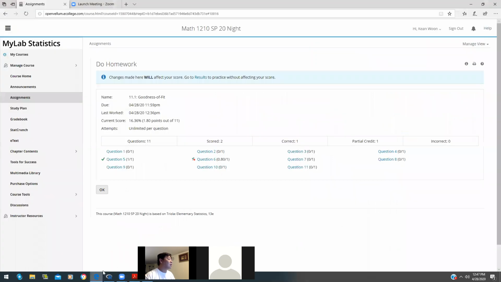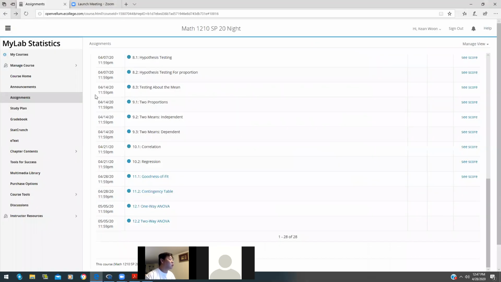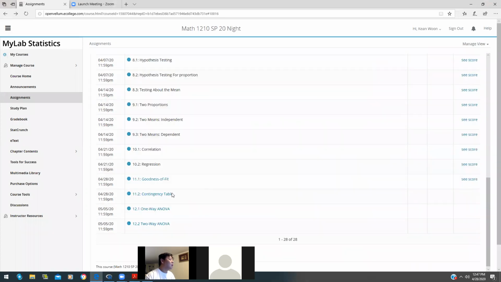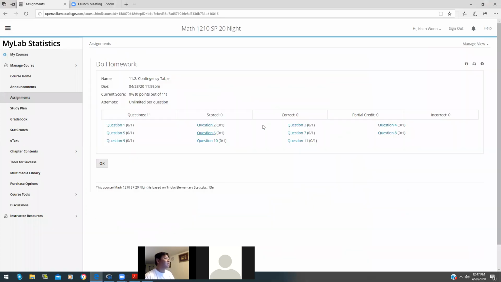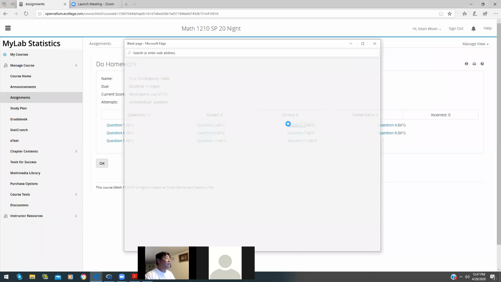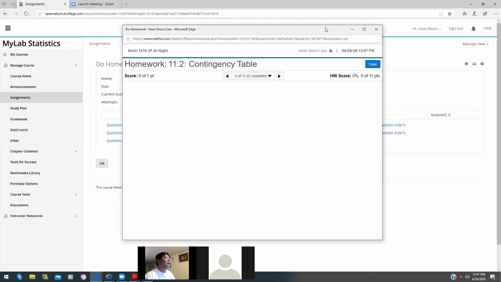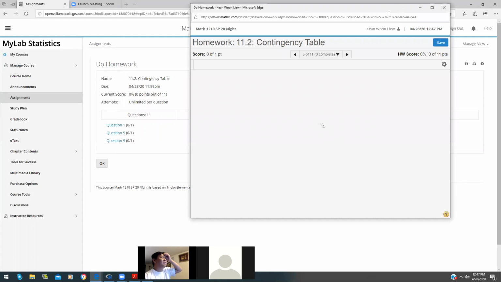So let's take a look at your homework in 11.2, contingency tables in this case. Again, you don't have a lot of questions to do because these are very straightforward questions. I think you got like 11 questions per section, right? So it's not that difficult actually for chapter 11.